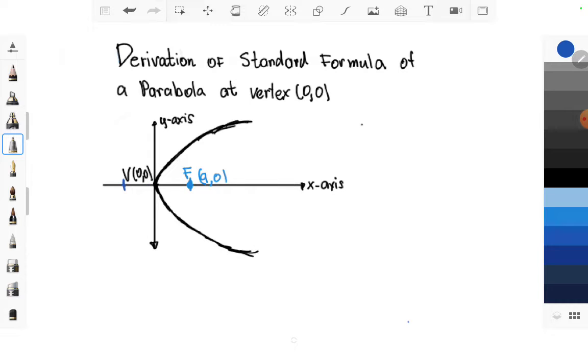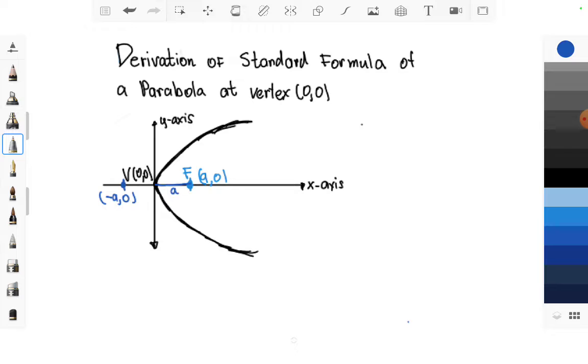Since this is a, and they are at equal distance, with the midway between these two being my vertex, I will call this (negative a, 0). Take note that this point is within the axis of the parabola.